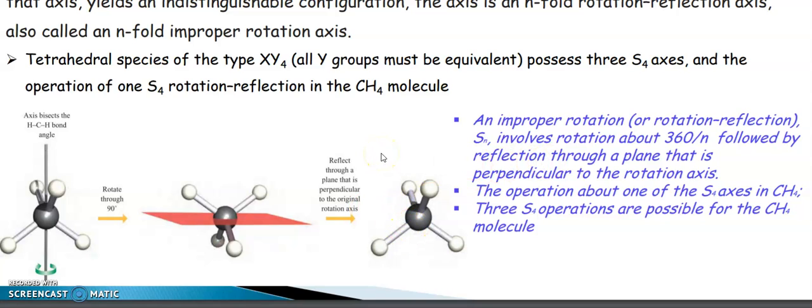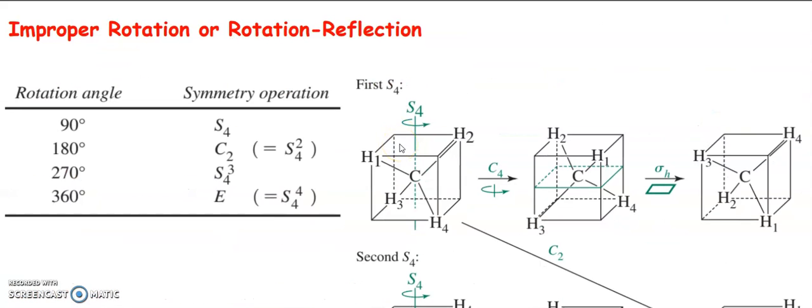So an improper rotation or rotation-reflection, Sn, involves rotation about 360 by n followed by reflection through a plane that is perpendicular to the rotation axis. The operation about one of the S4 axes is in methane. The S4 operations are possible for the CH4 molecule. Now for improper rotation, you can see rotation angle 90 degrees, symmetry operation S4; 180 degrees, symmetry operation C2 or S4 squared; 270 degrees, S4 cubed; and 360 degrees, E or S4 to the fourth.